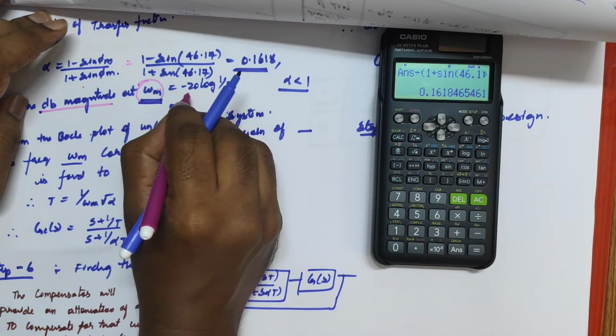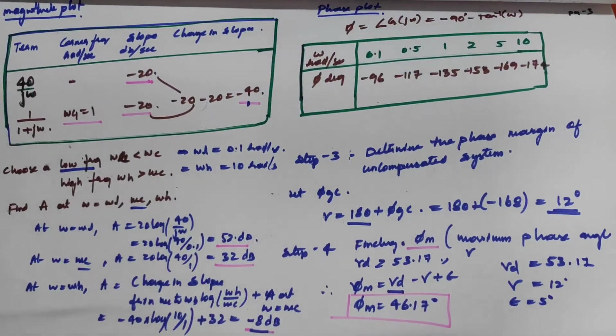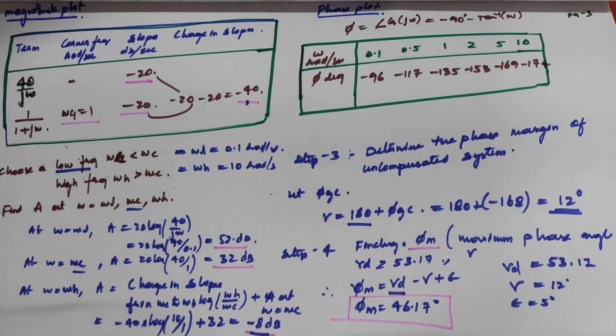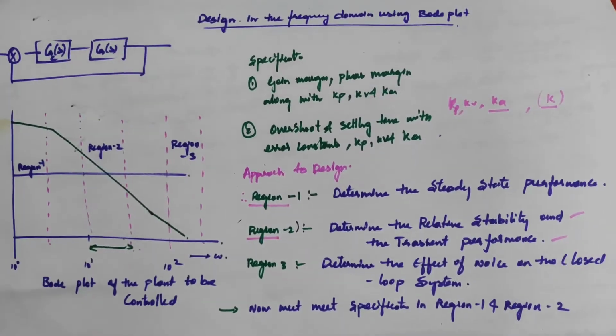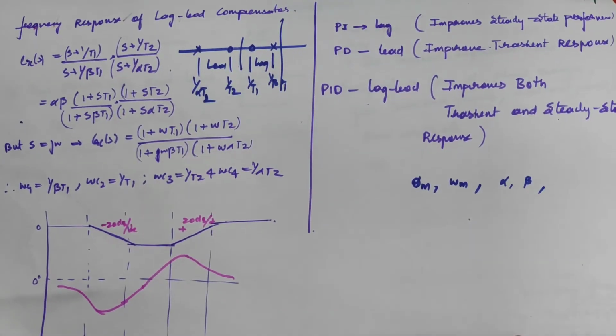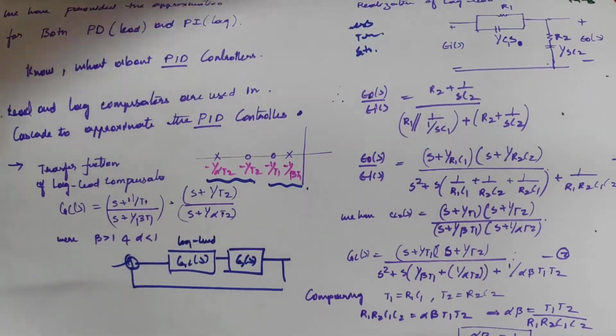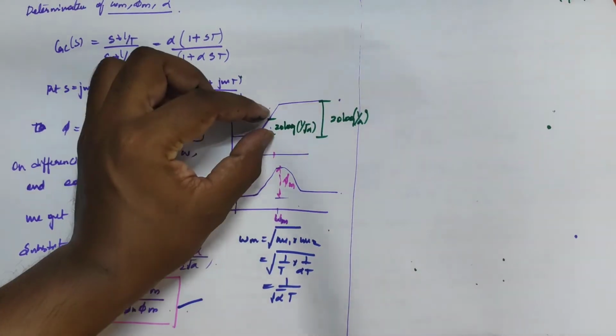For the lead compensator, this is omega m, and this is the dB magnitude.